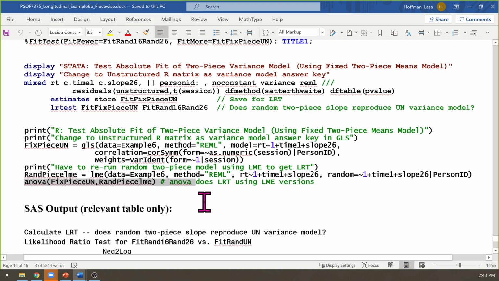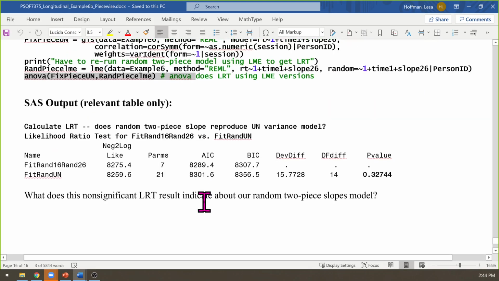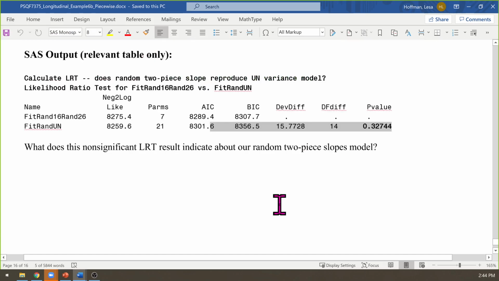So how did we do? Our likelihood ratio test is not significant. Hooray or boo? Thumbs up for hooray, thumbs down or sad face for boo. Yeah, hooray.